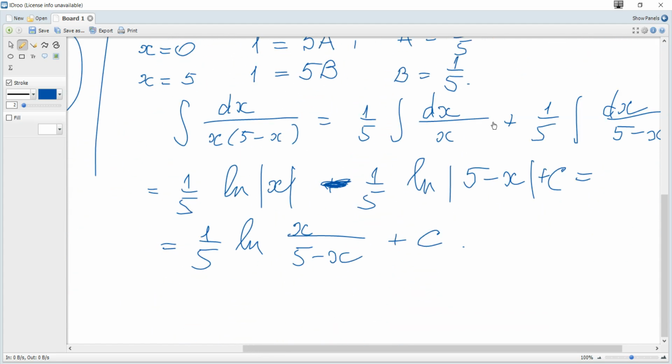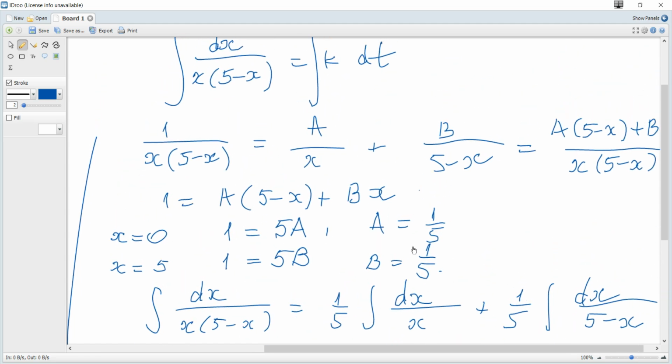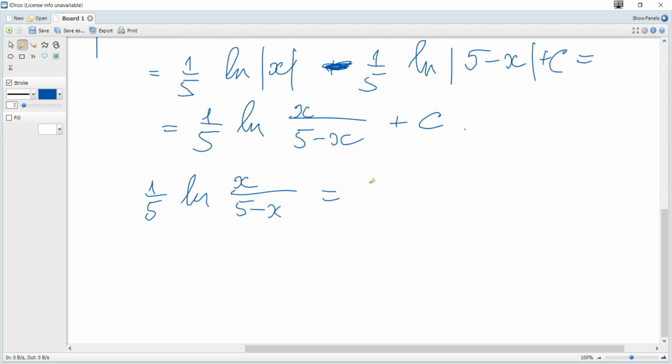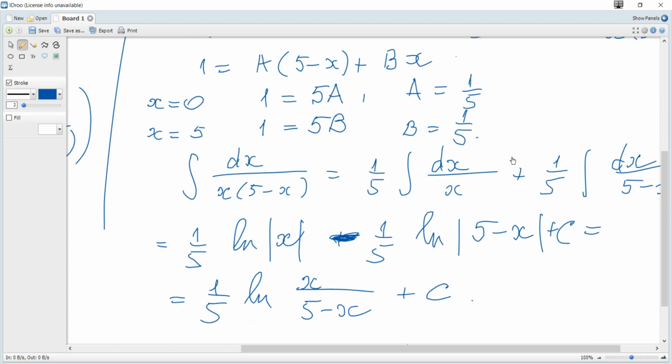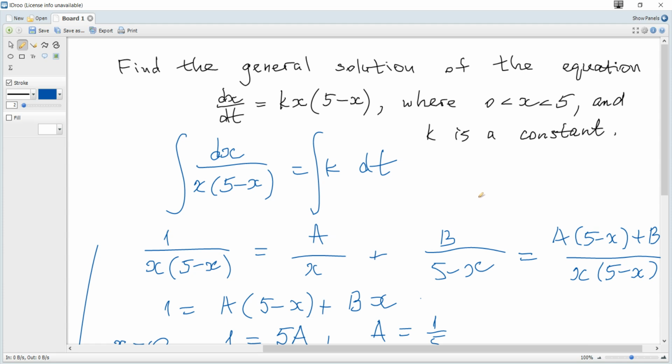So the left hand side is 1 over 5 ln of x over 5 minus x, equal to the integral of the right hand side, and it's just t, because k is constant, so it's kt plus some constant. We need the general solution, and it is not given some point to find the constant, so this constant will be present, and what we need is to solve for x.